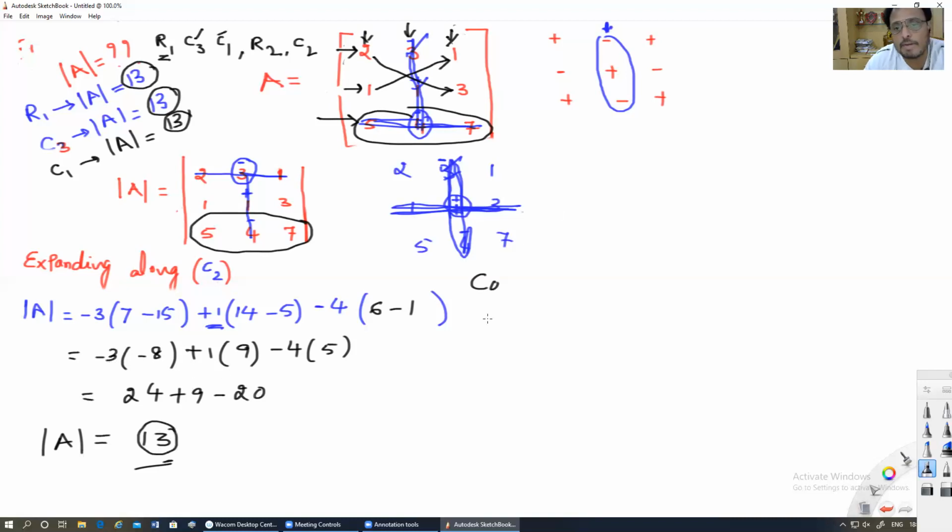So the conclusion part is, the better standard one is expanding along R1. Conclusion: the value of the determinant is not altered.